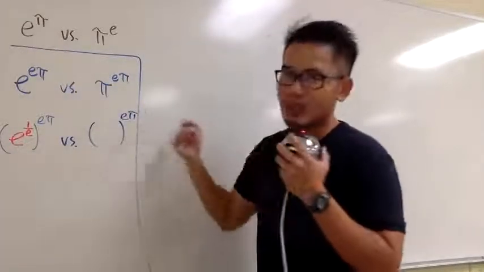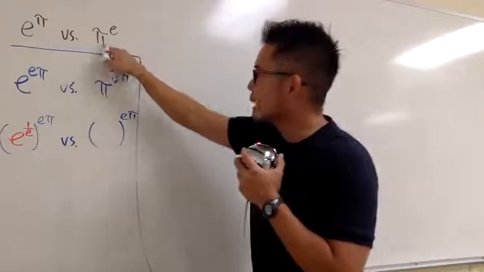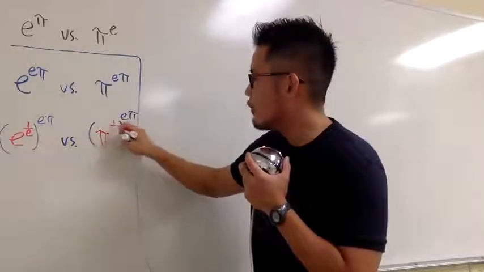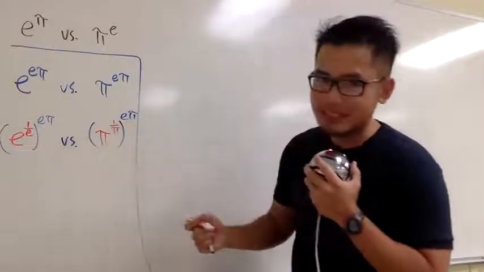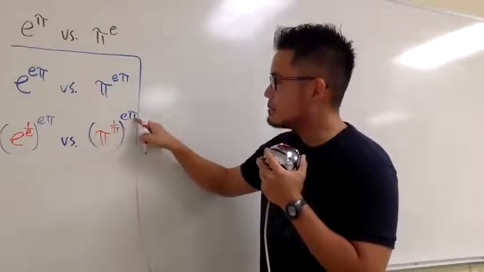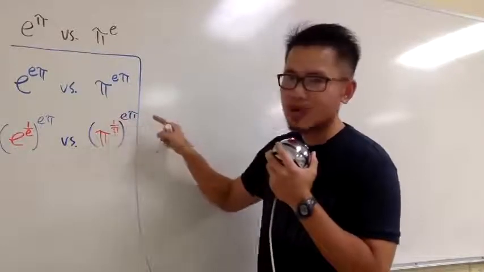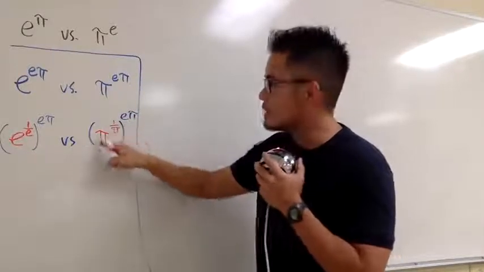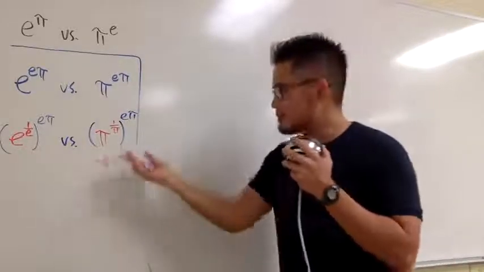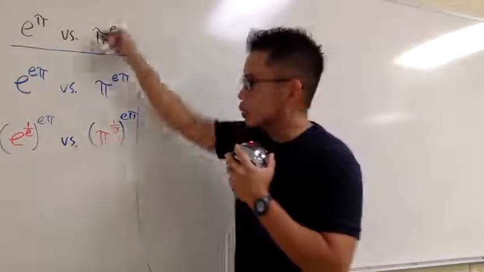For the second one, I want pi here, and I want to put down pi to the 1 over pi. You see that with pi to the 1 over pi to the e pi power, this pi and that 1 over pi will cancel out. So we still end up with pi to the e power. Alright, so this is the original.